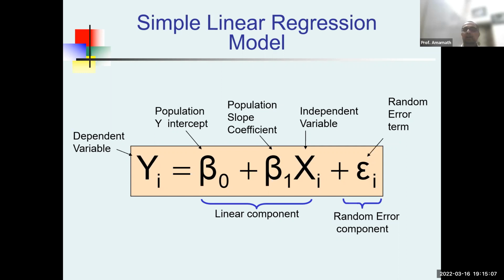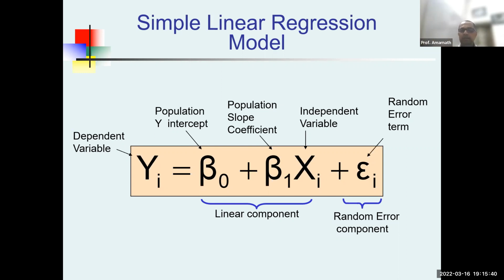Very early in our statistics class, we learned that statistics is stochastic, where error is very, very important. If you don't have error, you cannot solve problems. Definitely, we cannot expect 100%. When there is no error, that is known as a deterministic problem. It's really studied in prescriptive analysis. Beta naught plus beta 1 xi is the linear component. Random error is the other component. So usually the equation is written like this.